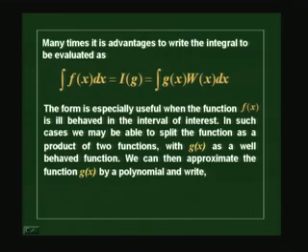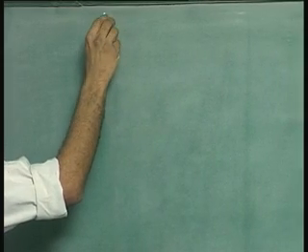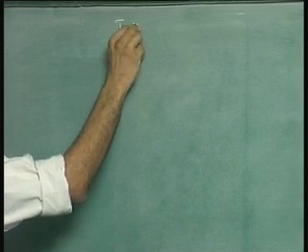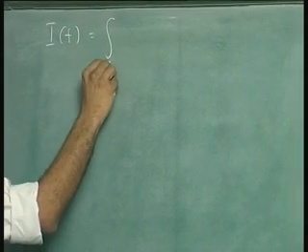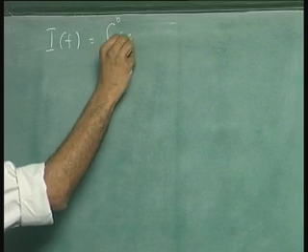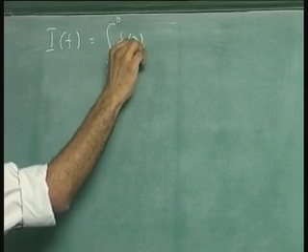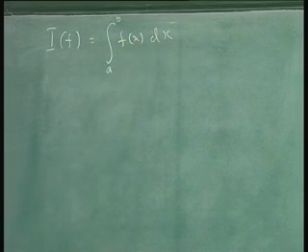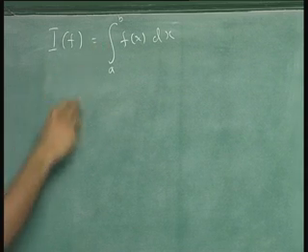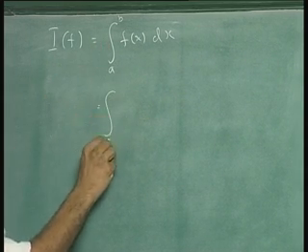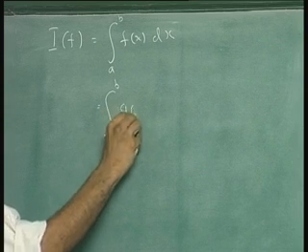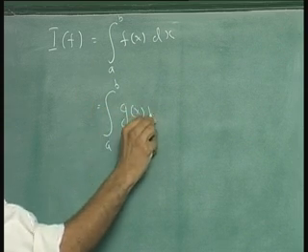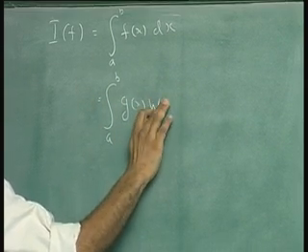So we want to find the integral of f, I of f, which is actually the integral from a to b of f of x dx. Now I want to approximate this by the integral from a to b of g of x, some other function g, into w of x dx.